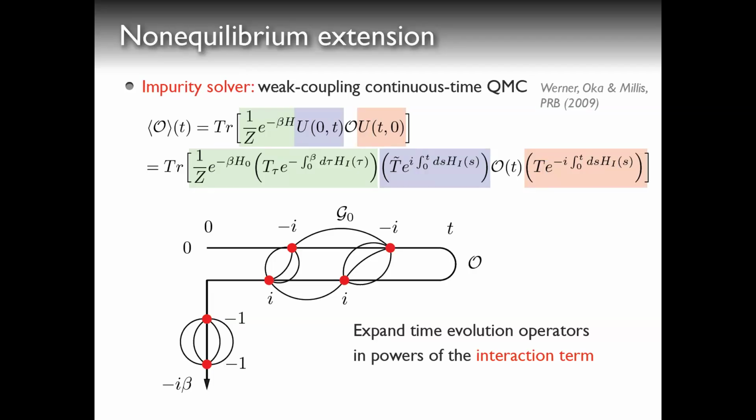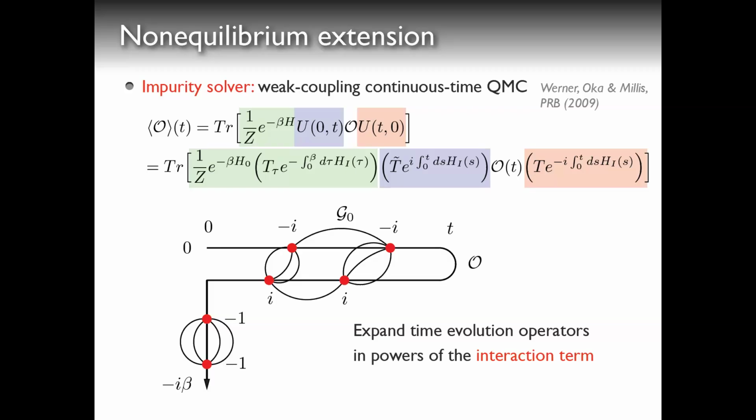However, some of you may notice that there's a potential problem with this. You can see that the operators on the real-time branches come with factors of minus i, and also these Green's functions are complex functions. So the weights are complex, and so we have to do Monte Carlo sampling with complex weights. That gives us a sign problem, and this sign problem becomes more and more severe the longer this contour becomes, and the higher the perturbation order will be on the real-time branches of the contour.